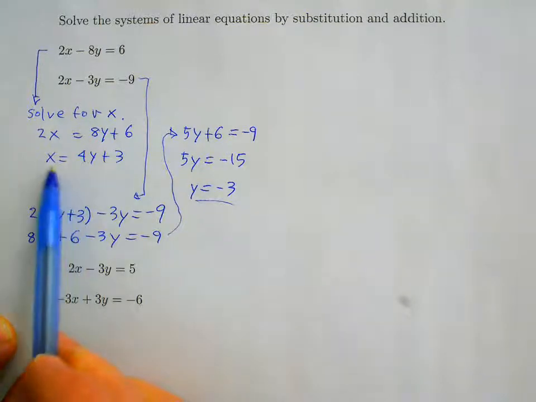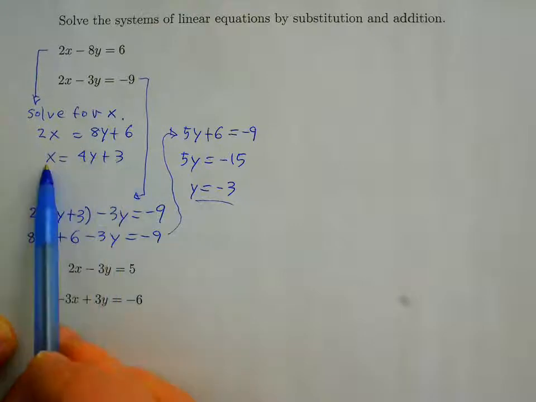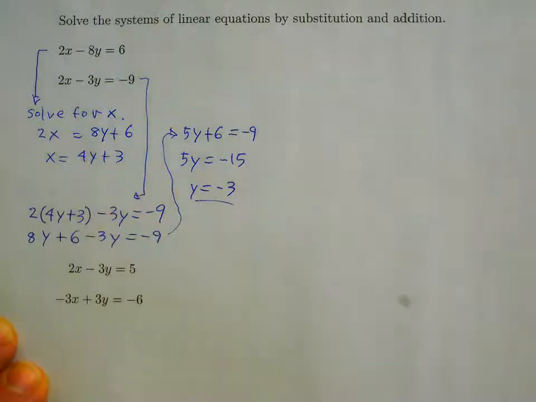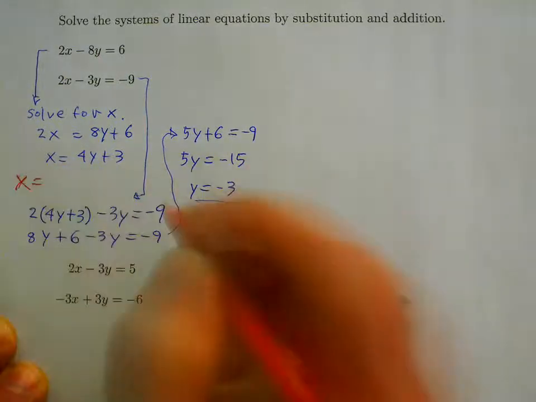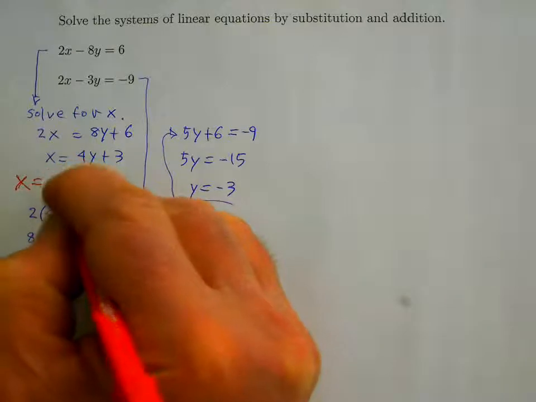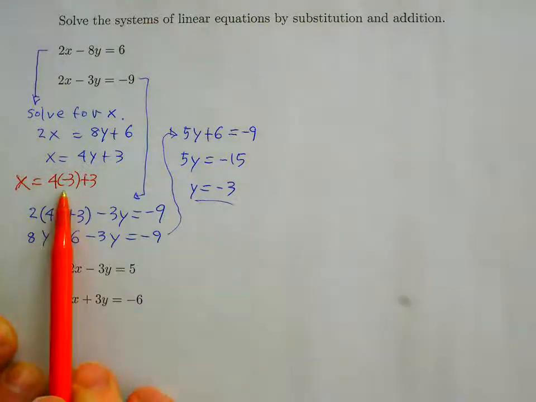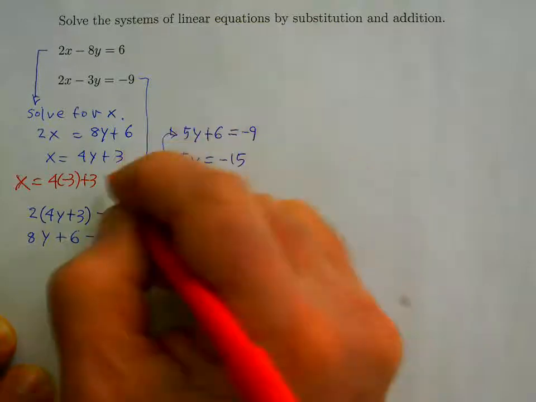Then we use this equation, x equals 4y plus 3, to solve for x. So x is 4 times negative 3 plus 3. 4 times negative 3 is negative 12, and negative 12 plus 3 is negative 9.